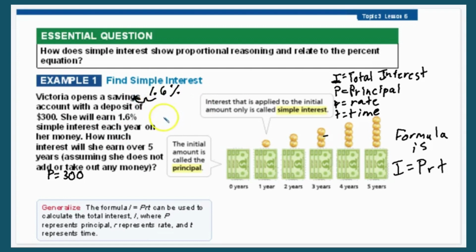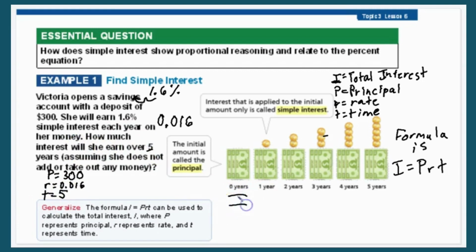Okay? So it will now become 0.016. That is my rate. R equals 0.016. Now, let's look at the time. T equals how much interest will she earn over 5 years? So T equals 5.